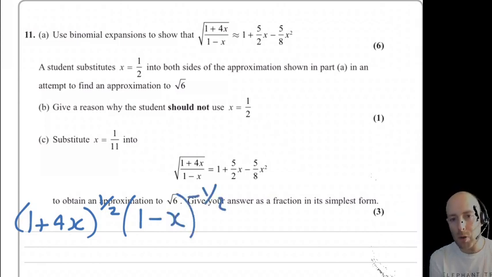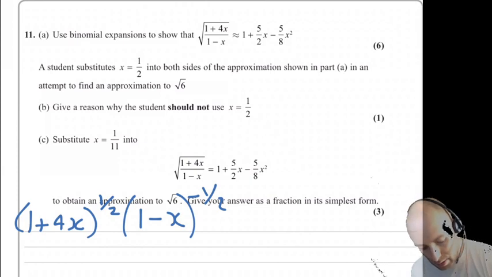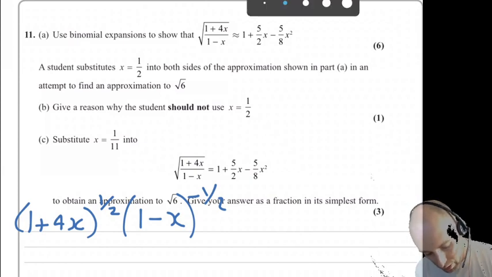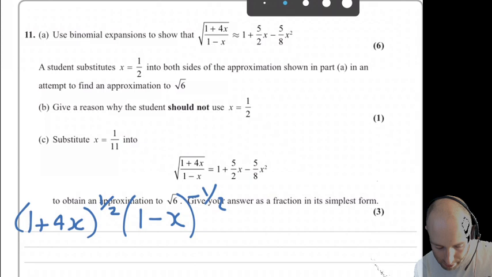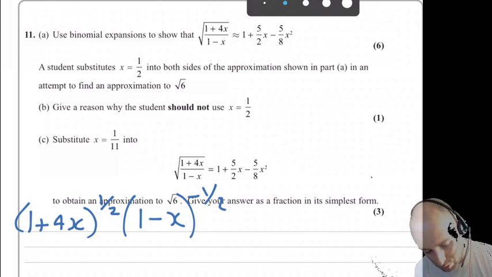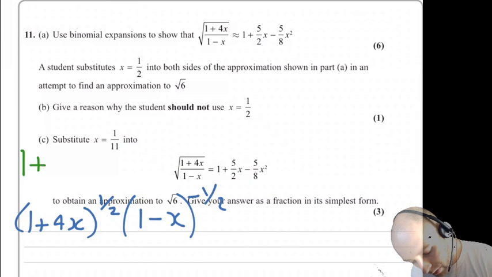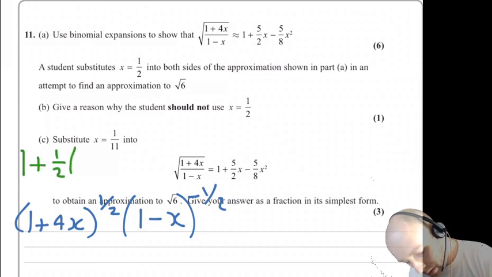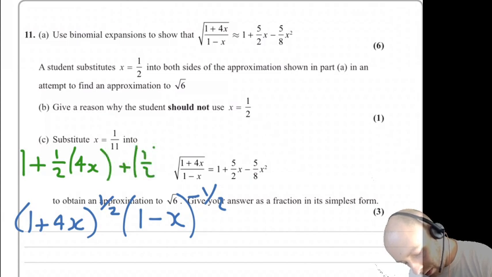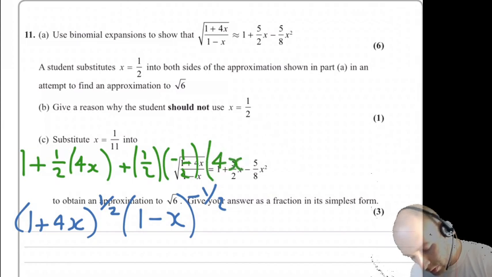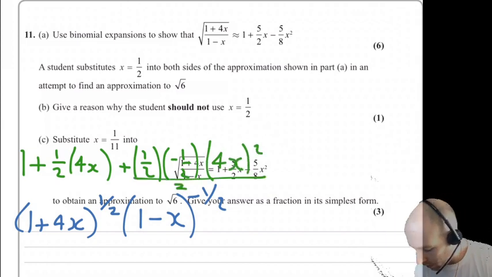And we need to expand both of these up to the x squared term. Yep, both of these are ready to go. So we get 1 plus a half 4x plus a half minus a half 4x all squared over 2. So that's our first one.